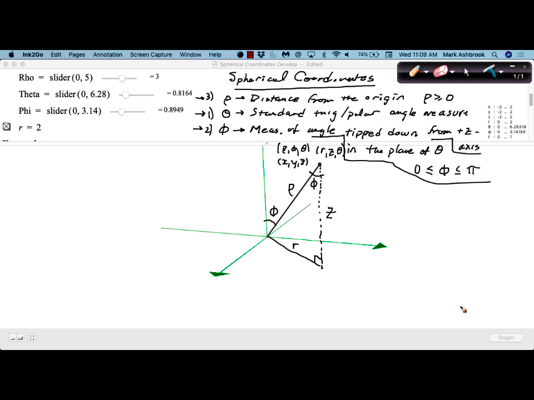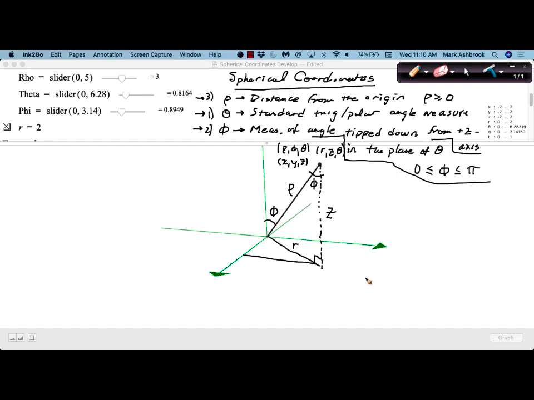Okay, how do we bring x and y into this? So now I've got r, rho, phi, z. I want to bring x, y, and theta into this picture. What do I do? Oh, no, that's not right. Try this.